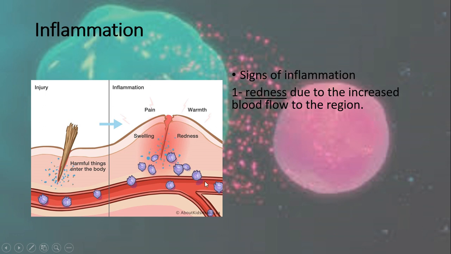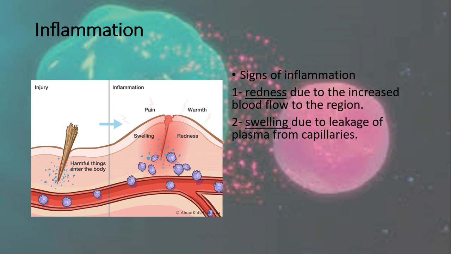This in turn is going to stimulate the increased blood flow to the region of the inflammation. This increased blood flow will cause redness. As you can see, this is the region of inflammation, and these are the white blood cells that are going to hurry to the region of the inflammation in order to get rid of these pathogens that are trying to enter the body.